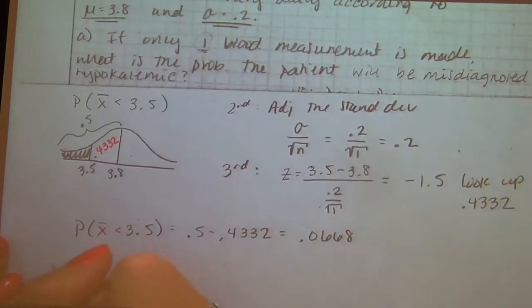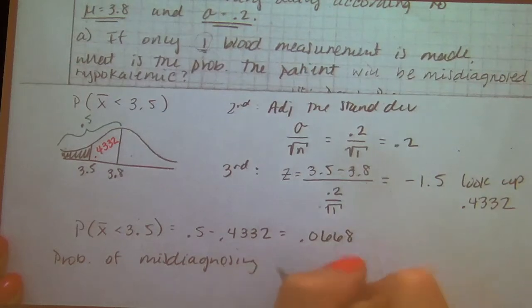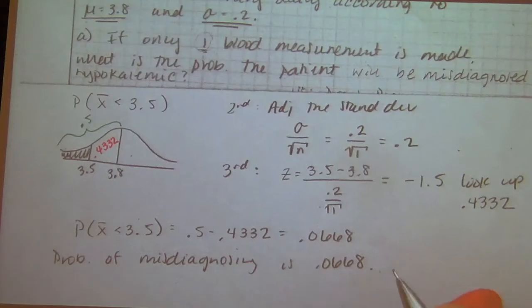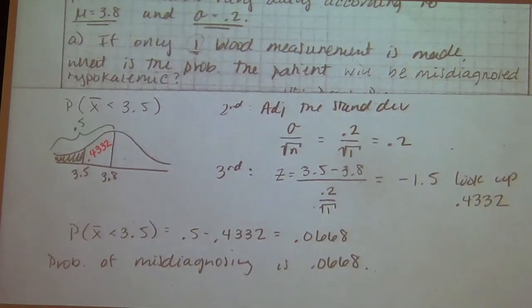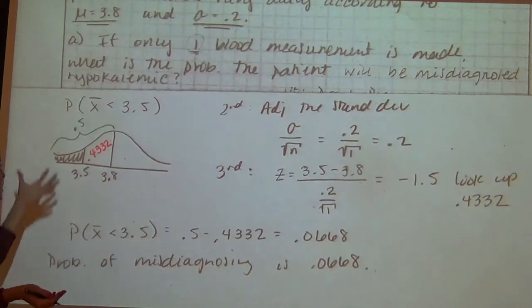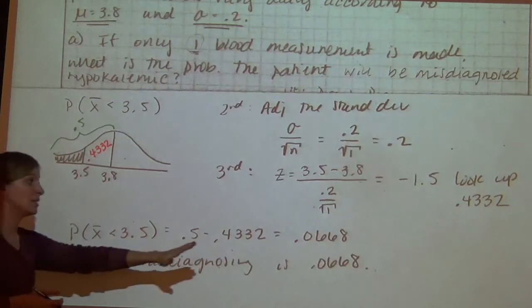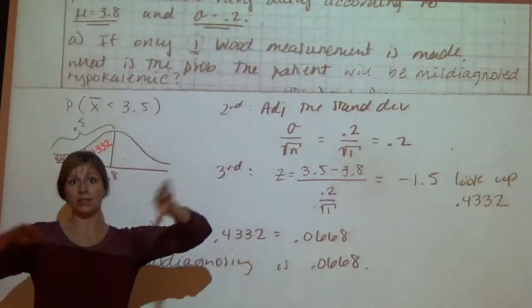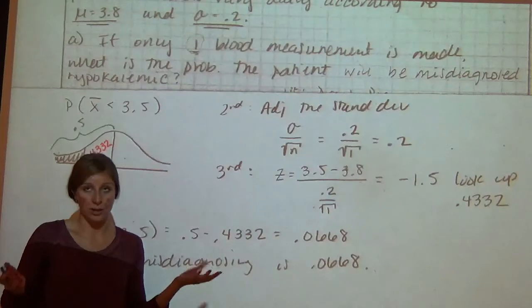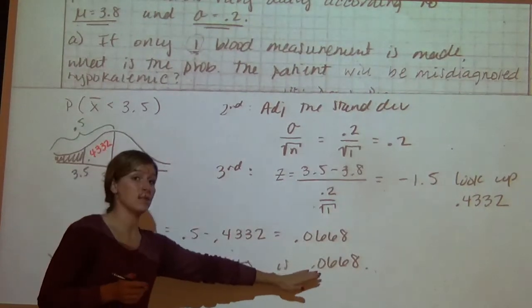This means the probability of misdiagnosing is 0.0668. Remember, we have this patient's blood levels on average, so we know that she's not hypokalemic, but the probability of misdiagnosing, if we just take one measure, is still there. If we just pull out one measure and don't consider the entire amount of her blood, which we wouldn't usually anyway, then we could potentially misdiagnose her.